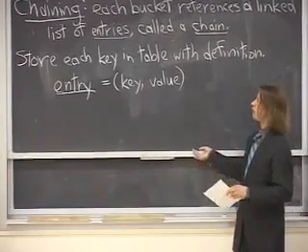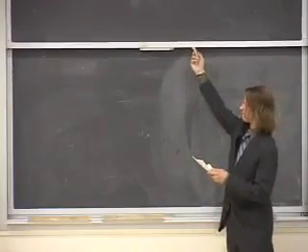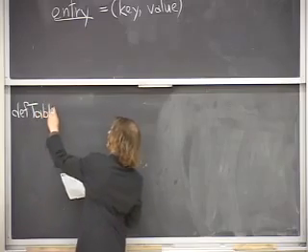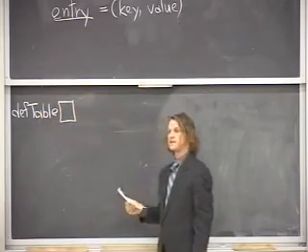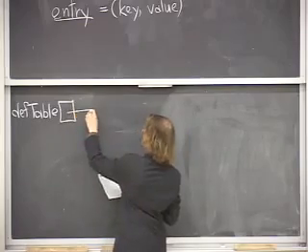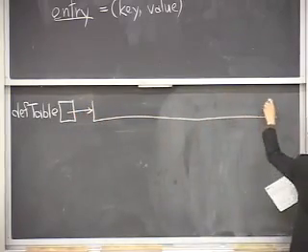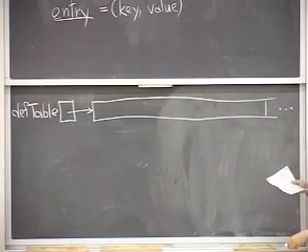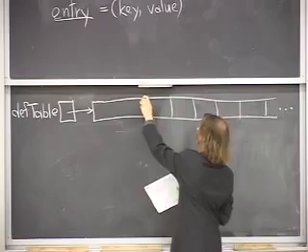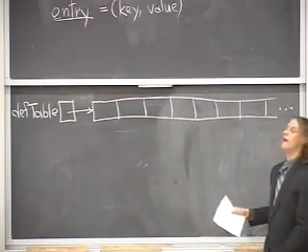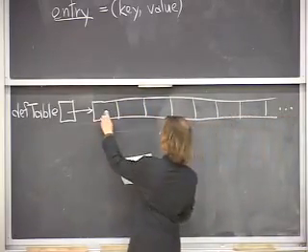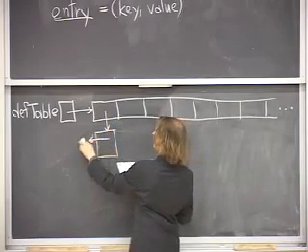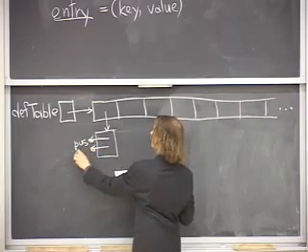So now let me draw what this actually looks like. I've got defTable, which is going to be my table, and it is a reference to an array. Within each bucket, there might be one item stored, one entry, which consists of a word and its definition.